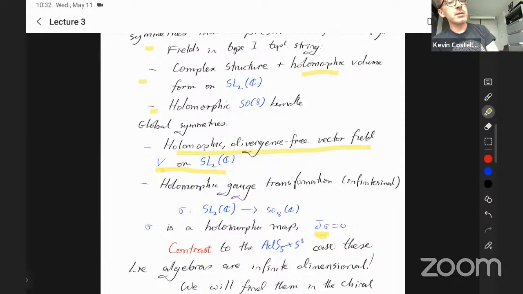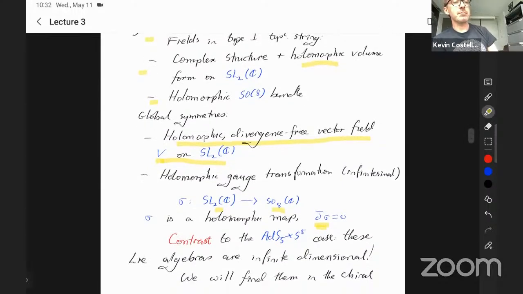So the gauge transformations are holomorphic maps from SL(2,C) to SO(8). Again, this is a very big space because there are lots of holomorphic functions on SL(2,C). So these Lie algebras are infinite dimensional. Our goal today is to find these Lie algebras inside the chiral algebra as symmetries which preserve the vacuum at 0 and infinity.